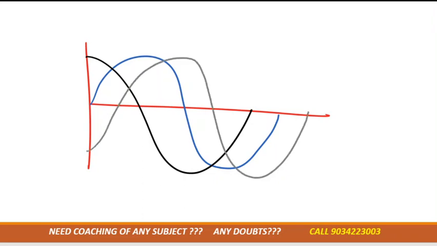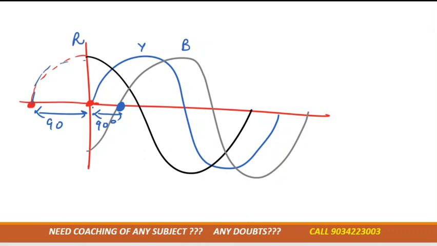So if I complete the waveform, one starts from zero, another starts from the negative side, like from here, and another waveform starts from here, from this side. So there is a gap of around 90 degrees in each. Okay, so suppose this is R, this is Y, and this is B. So R waveform starts first, then after that Y waveform starts, then after that B waveform starts, correct?